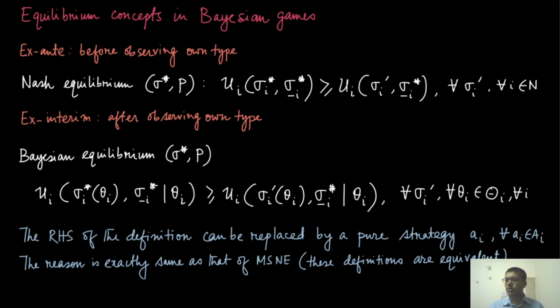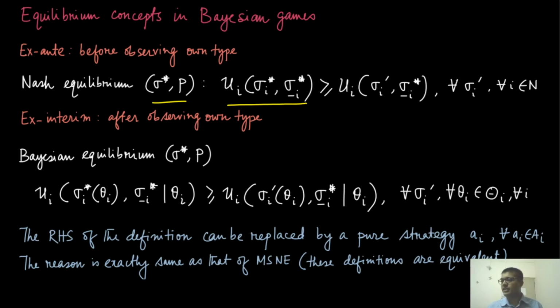The first equilibrium concept is the vanilla Nash equilibrium concept, which talks about the same utilities. So we have already discussed what this u_i(σ_i*, σ_-i*) means. That is the definition of utilities, the ex ante utility.